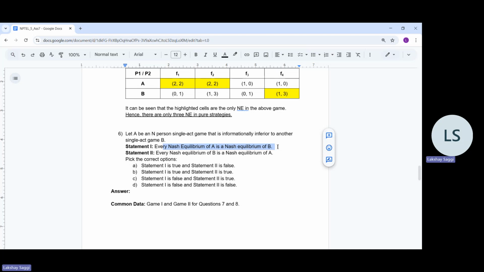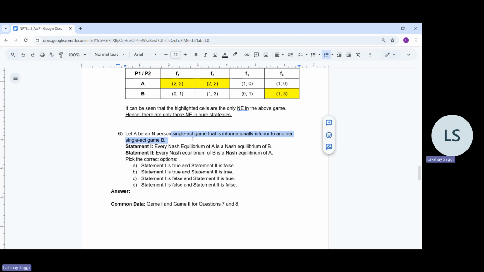So this was already discussed in the lectures. A is an informationally inferior game to the game B, right? So this was discussed that any Nash equilibrium of an informationally inferior game will also be a Nash equilibria of the informationally superior game.